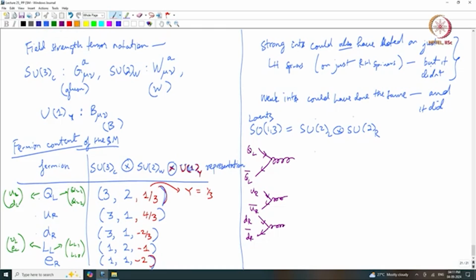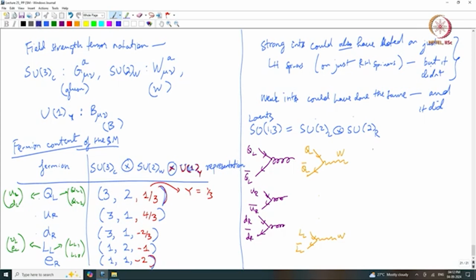The weak force acts on the QLs, so I can have this vertex coming from its own non-abelian Lagrangian, doesn't act on this, doesn't act on this, it does act on the LL, and that's it, doesn't act on ER either.